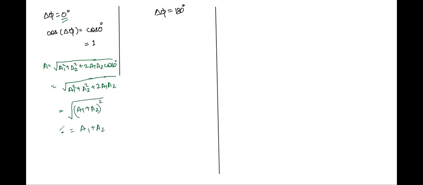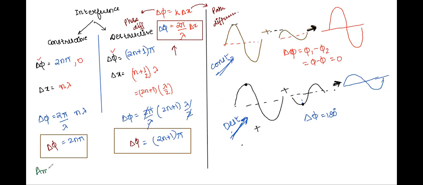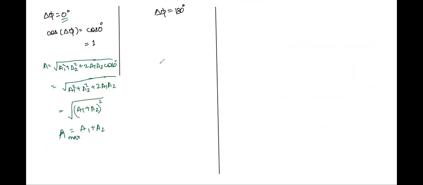So whenever you have constructive interference, class, the maximum amplitude is given as a1 plus a2. And whenever there is destructive interference, what will be the minimum amplitude? Try it here.